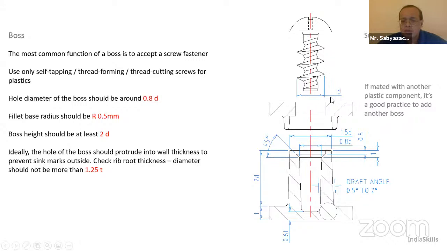If your screw has a diameter of small d, this has to have about 0.8. So it will start engaging with these threads. And of course, you have your draft angle here.